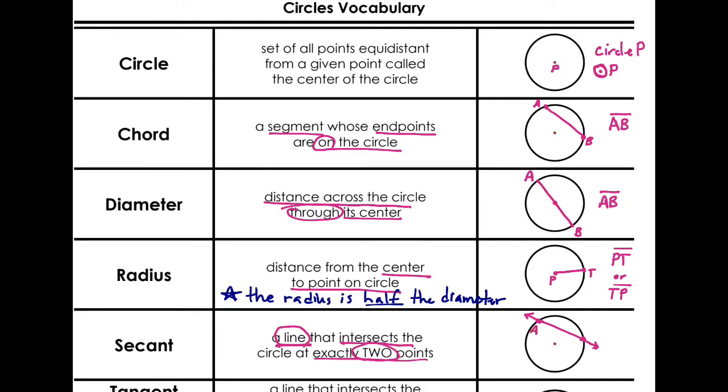So I'm going to name this the same as I named the chord up there, just so you can see the difference in the notation is going to be what you put on top of it. I know now that that is a line rather than a segment. And once again, it could be AB or it could be line BA. So either way, that secant is going through the circle, intersecting it in exactly two places.